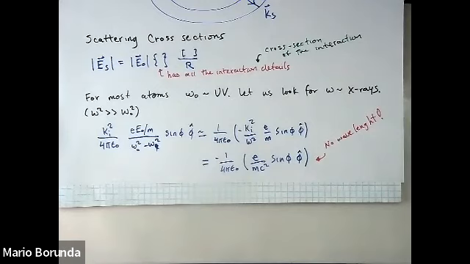It's just electron charge, electron mass, speed of light, and so forth. So in this limit, there's no mention of the wavelength of the light.